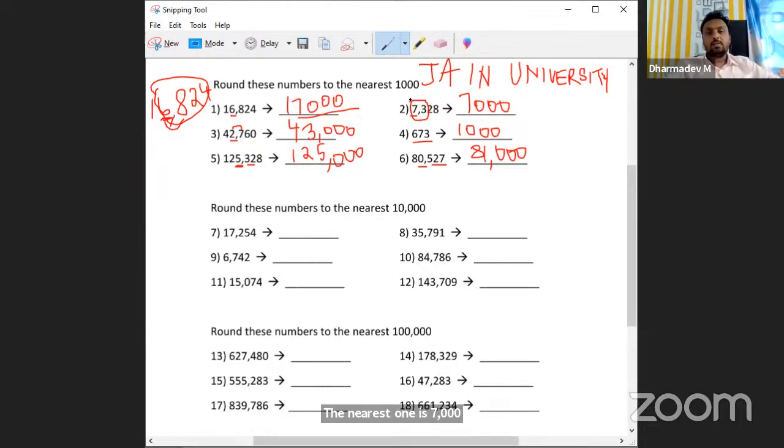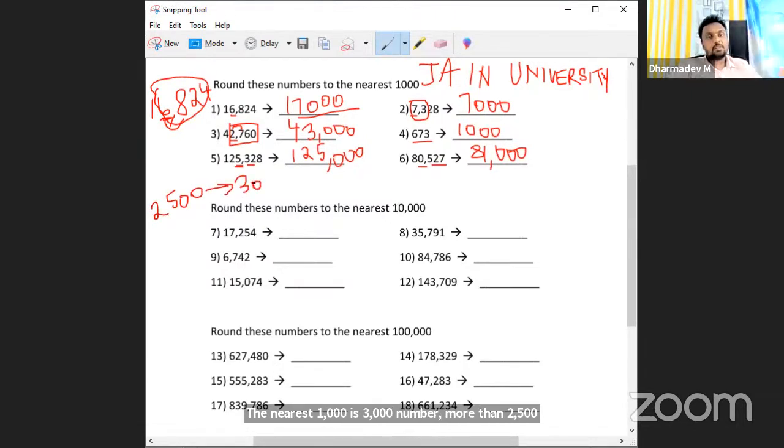So 42,760 for 2,700, the nearest 1,000 is 3,000. Number more than 2,500, the closest 1,000th value is 3,000. You clear with that? That's okay, Trimadi.